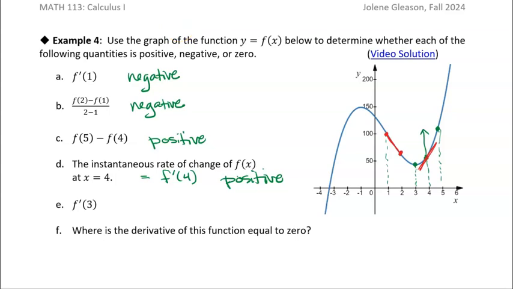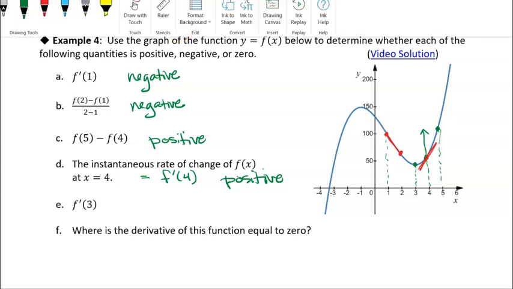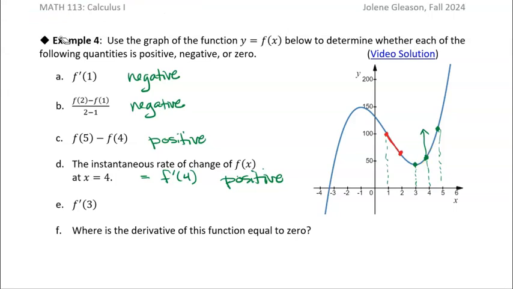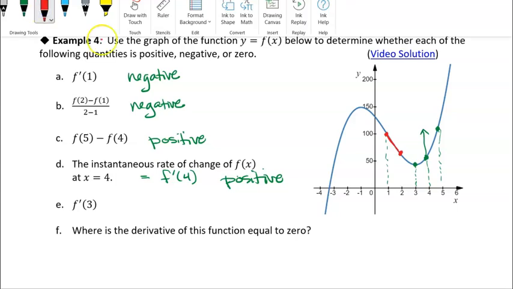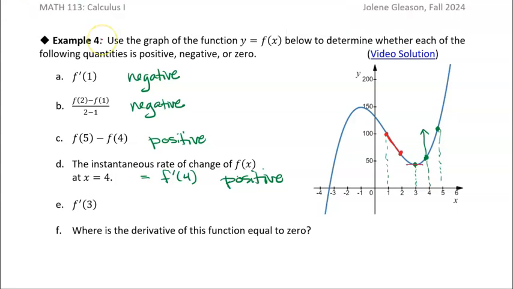But at 3, I'm going to erase this line again so that we have a little more room to write. And okay, so if I draw a tangent line here, it looks like it's flat, right? It's changing direction. The derivative, the slope of the function at anything a little bit less than 3 would be negative.